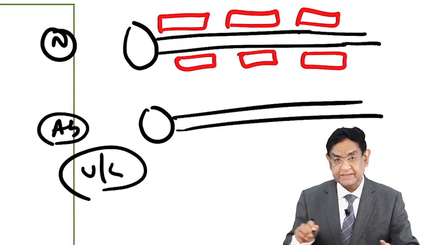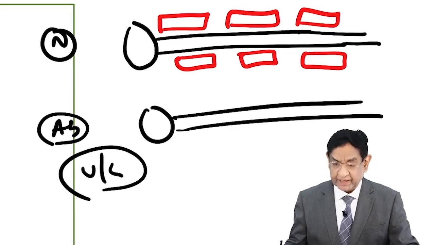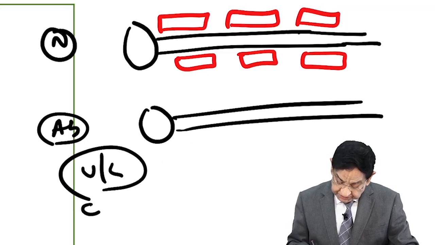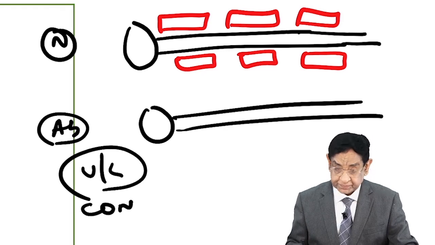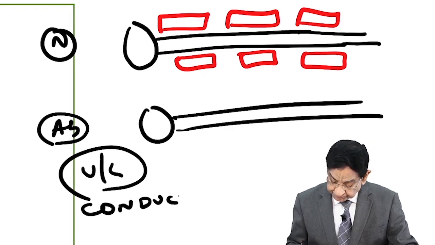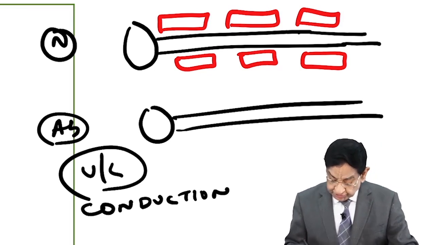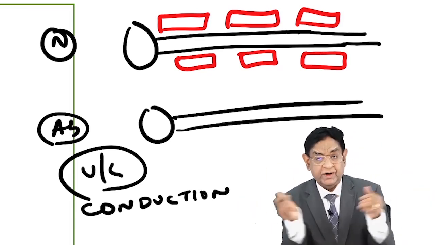Number two, as the demyelination occurs, what happens? The conduction velocity in this eye will be reduced. Why? The myelin sheath has gone.